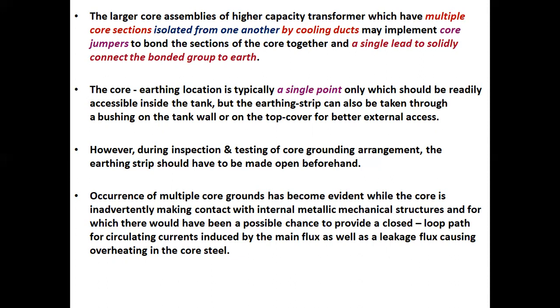The core earthing location is typically a single point only which should be readily accessible inside the tank, but the earthing strip can also be taken through a bushing on the tank wall or on the top cover for better external access.